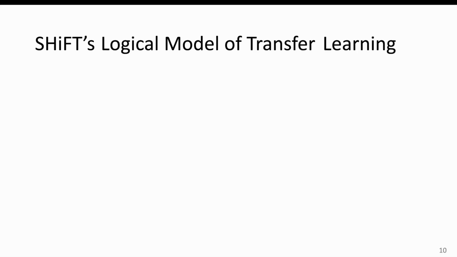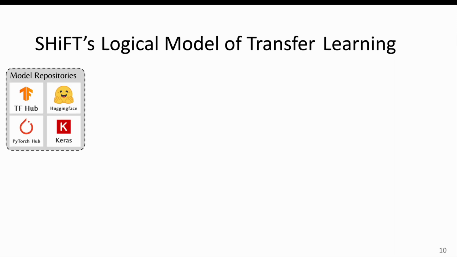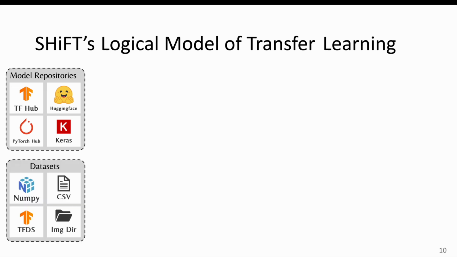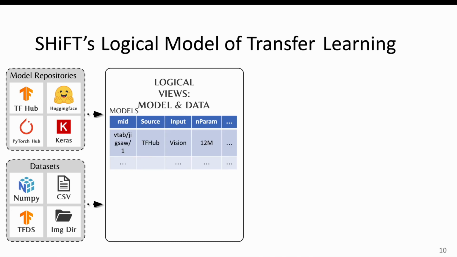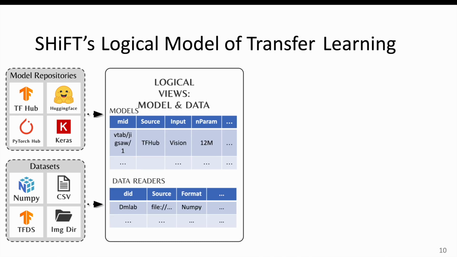Now, in order to build Shift, we define a logical model for transfer learning. In that, we support different model repositories and also different dataset representations. We create two views. One is a model view, where we represent all the models coming from different model repositories, and one is a data reader view, where we represent datasets, let it be benchmark datasets, but also users' downstream datasets in different formats.